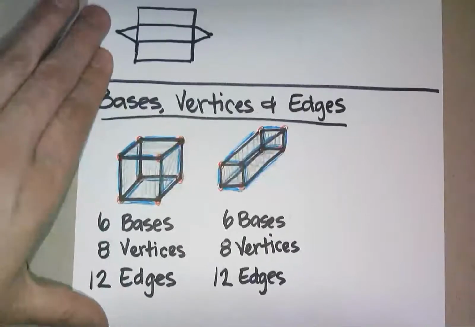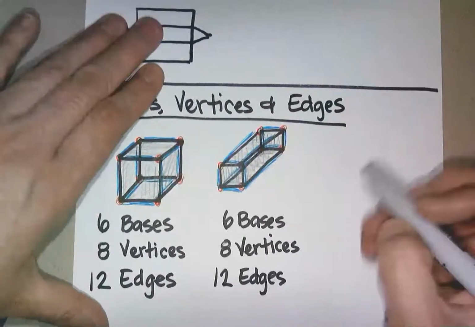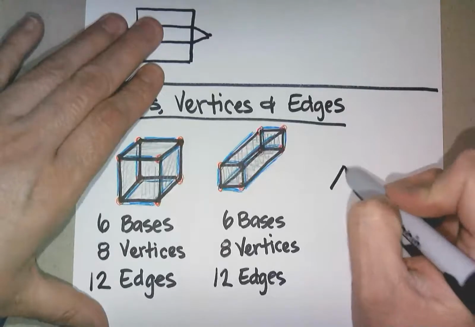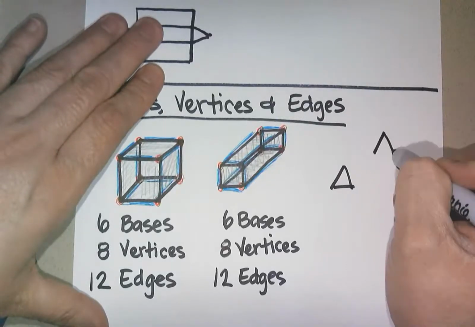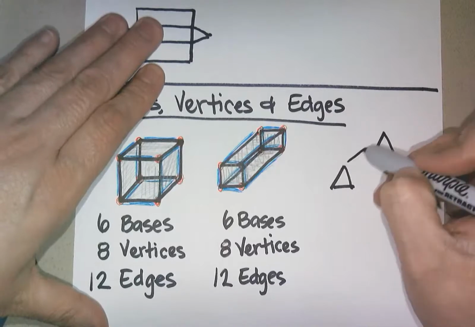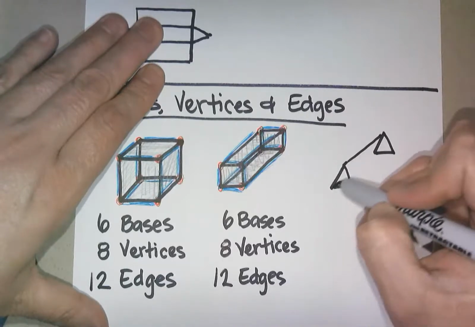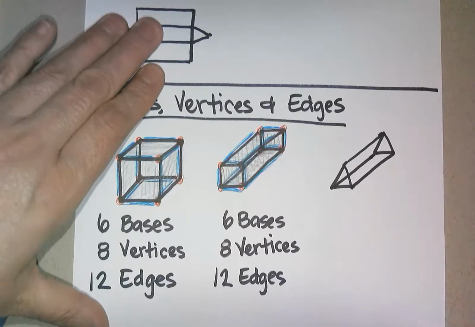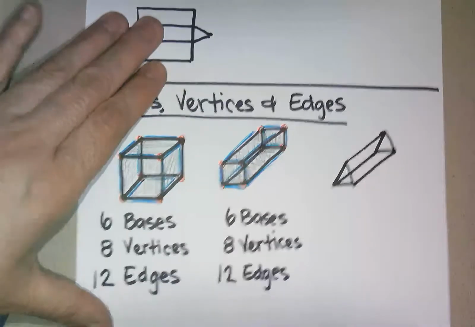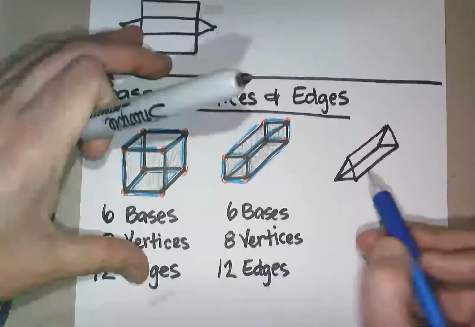Okay, now for the triangular prism. So I'm going to draw my triangle here and my triangle about right here. Can we connect it? There. Okay, you have your bottom here.